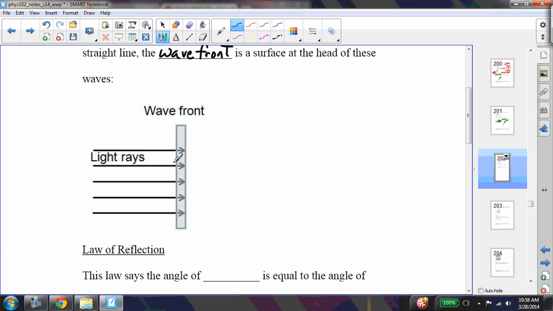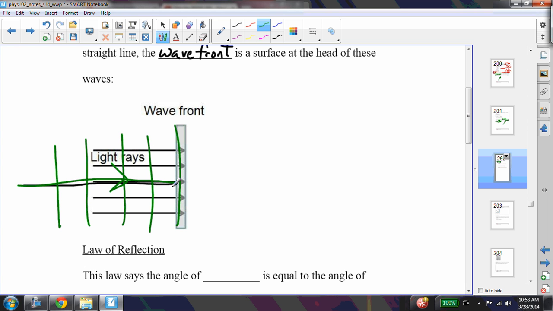So if I have these light rays, I would draw them as a single line. This would be a light ray. I imagine wave fronts all along this that are actually made up of a collection of rays. And this will be useful, for example, when we get into refraction.